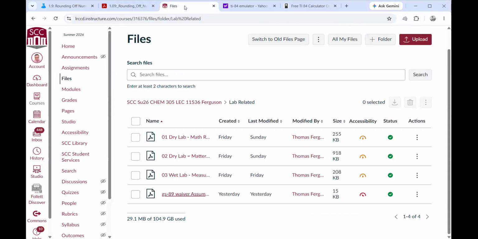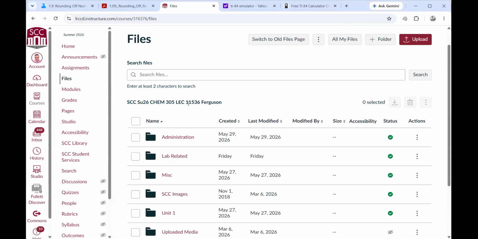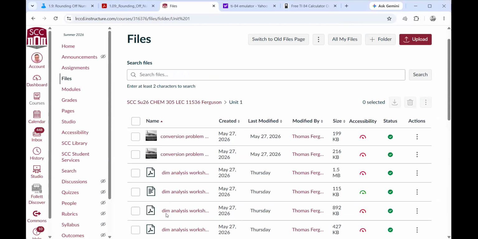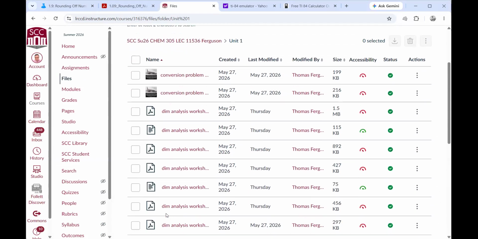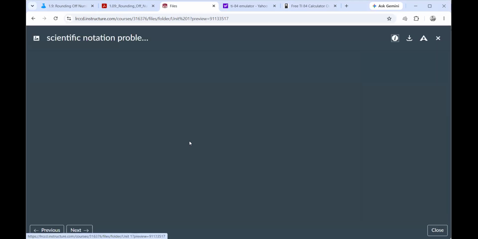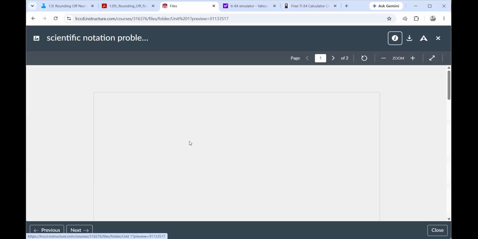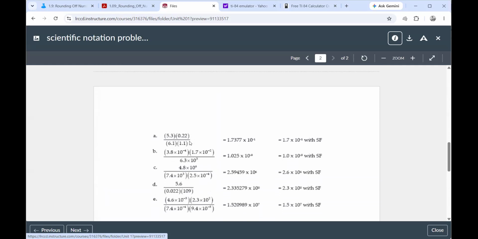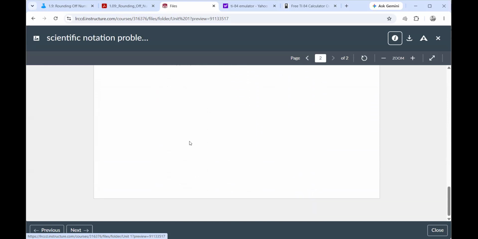Go to Files, and you want Unit 1, and these are all the worksheets that I have for practice. Okay. And they come with answers. Yes. Okay, got it. Thank you. Yeah, so for example, you've got lots of practice and the answers.